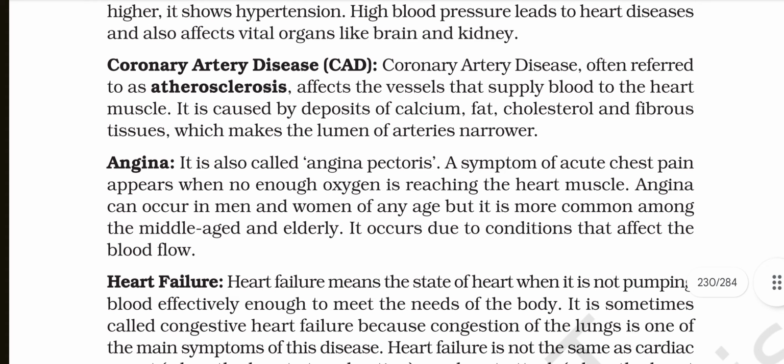Here, we already told you that the coronary artery is the artery which supplies blood to the heart muscles, so that the heart will perform normally.